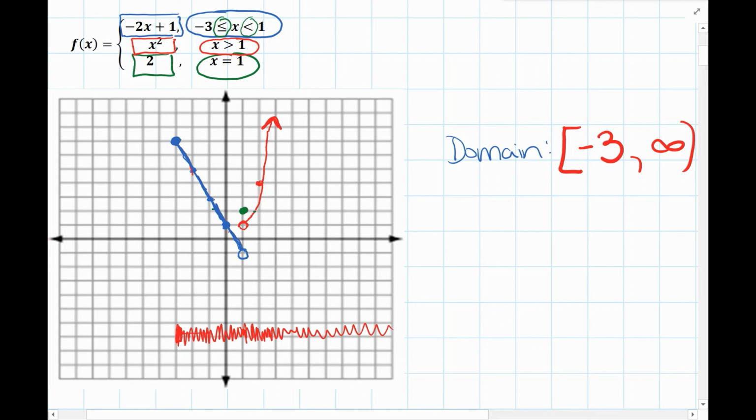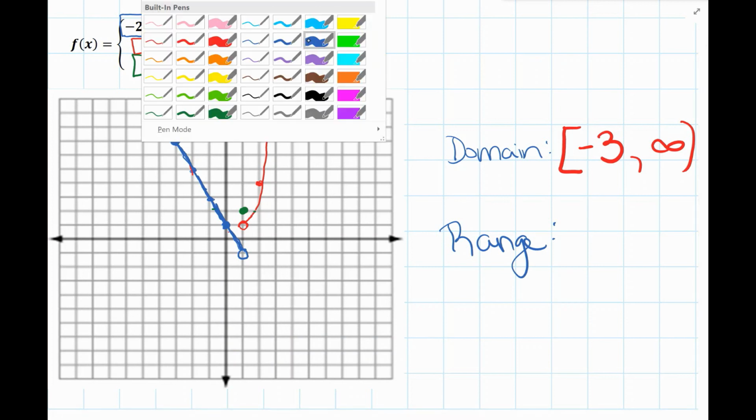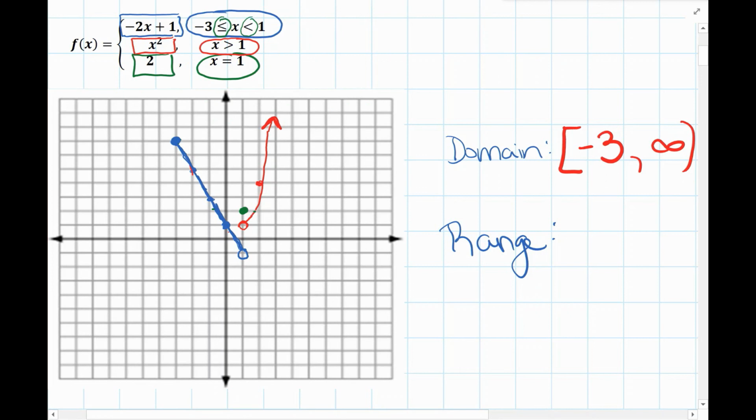Now let's switch gears a little bit and talk about range, because range is going to be the interval on the y-axis. So we're not looking across the x values, we're now looking across the y values. We're trying to see what's the very lowest y value and what's the highest y value.